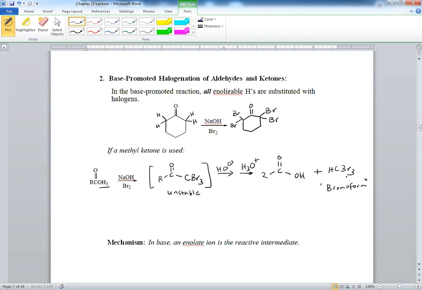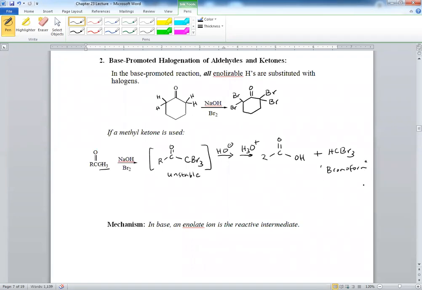Okay, you heard of chloroform? So this is now the bromine version of chloroform, where you have 3 bromines attached to a carbon. And of course, there's a hydrogen on that carbon.